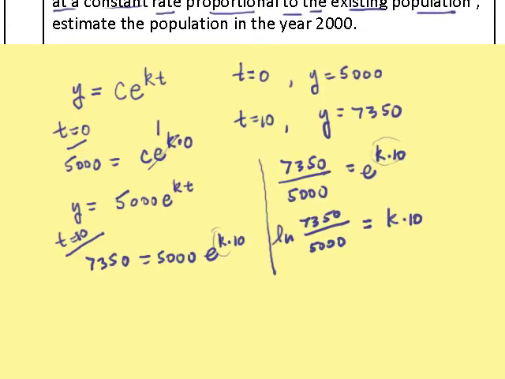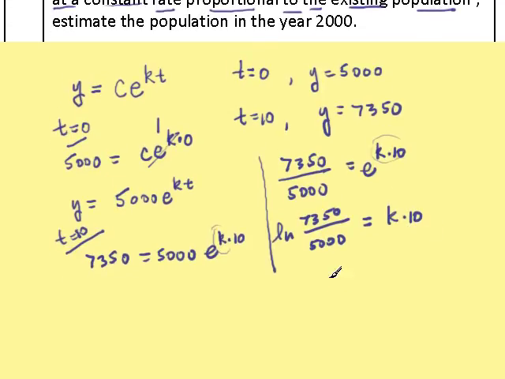All right, so now we have what k is equal to, divide both sides by 10, 1/10 log of this number. All right, so let's just figure out approximately what k is equal to. All right, so with the help of the calculator, I get that k is approximately equal to 0.0385.